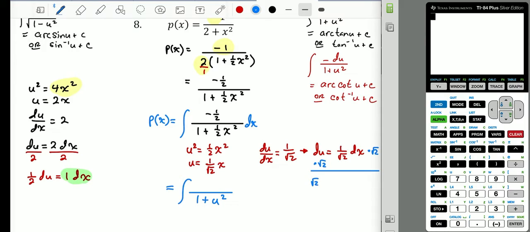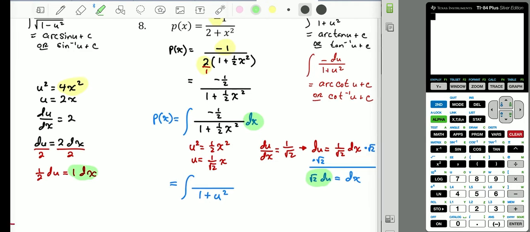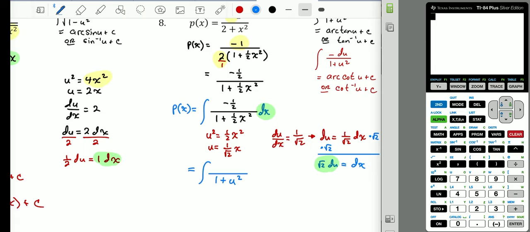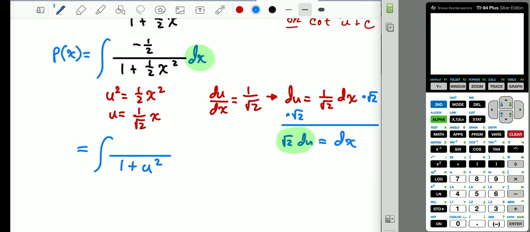So radical 2 du would be equal to dx, and then make that our substitution. All right, so we can't swap out the whole thing, but we could swap out some of it. So we're going to have that negative 1/2. Instead of having the dx, I'm going to have a radical 2 du.